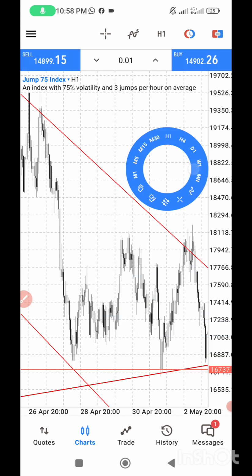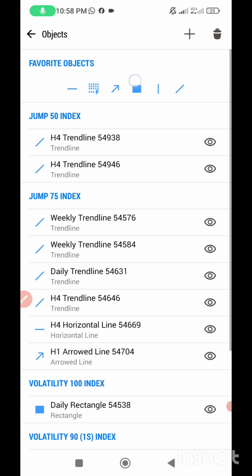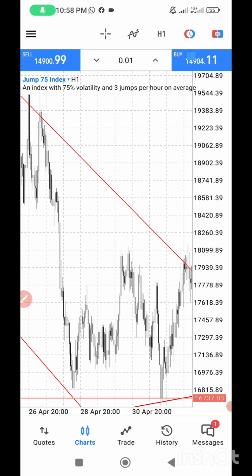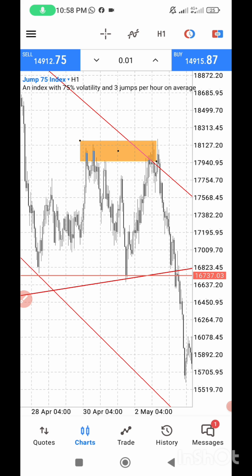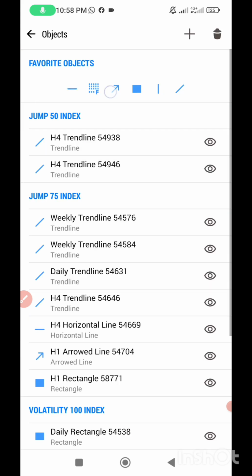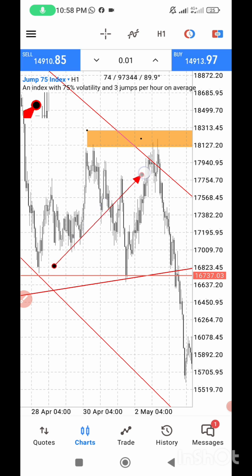Now, as a technical analyst, mark where there are probabilities of getting a down signal, which is a sell signal. You can use a rectangle to draw it. So as price geometrically approaches this upper trend line, there are probabilities of sales here.